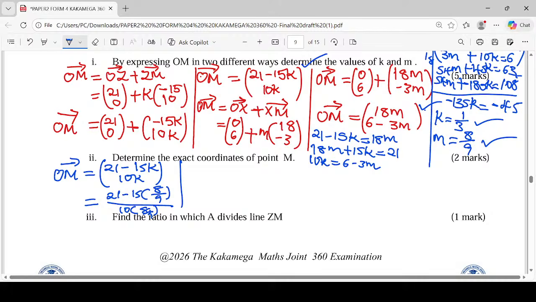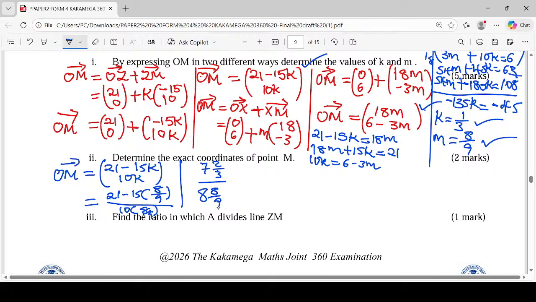15 times 8 over 9, then 21 minus that, you are going to get 7 2 over 3, and 10 times 8 over 9, that's going to be 8 2 over 3.